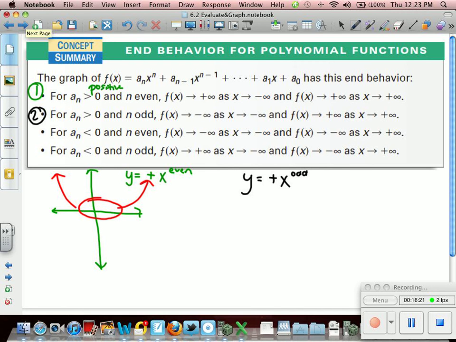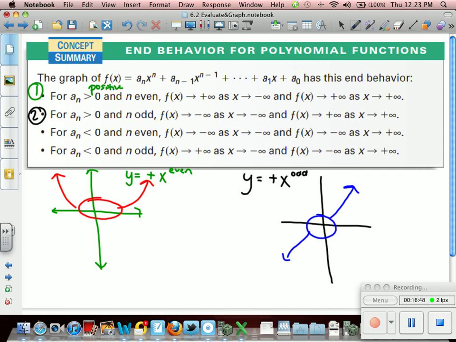So let's draw a little graph here. Depending on your graph, there's stuff that happens in the center. It could have turning points, could go up and down several times, but your end behavior is what I'm looking at. So as my x's decrease, so do my y's. As x's go to negative infinity, my y's go to negative infinity.